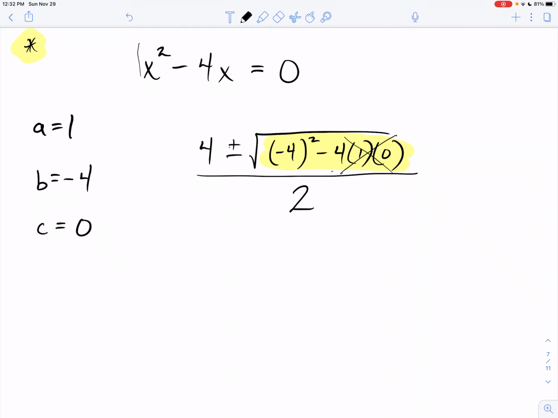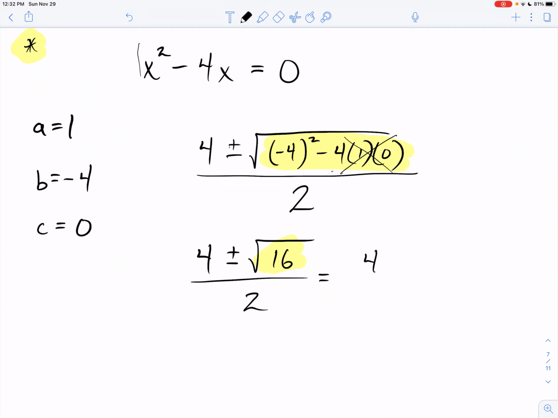Right here in the yellow, when I punch it in, I get 4 plus or minus square root of 16 over 2. And then I say, wait a minute, square root of 16, this is when I don't want to be impolite. Square root of 16 is just 4.